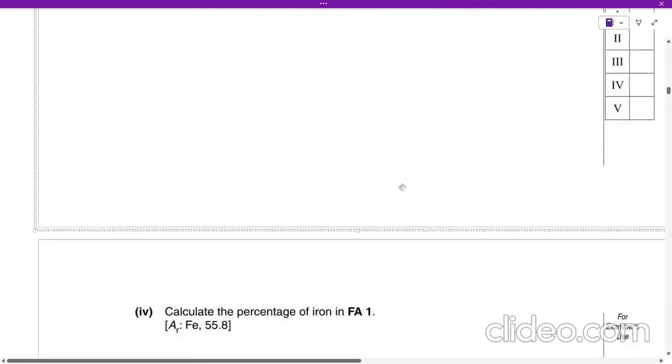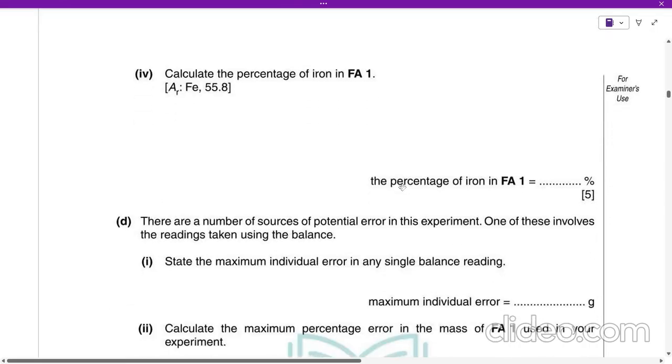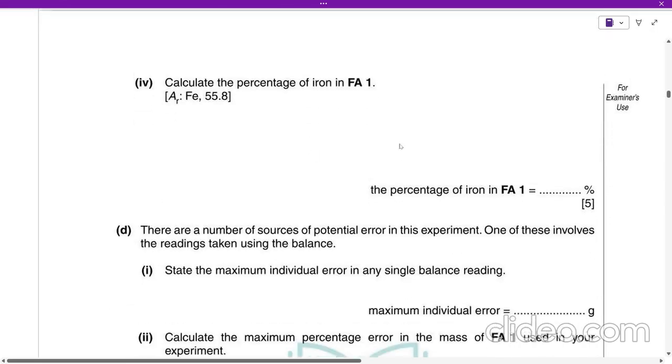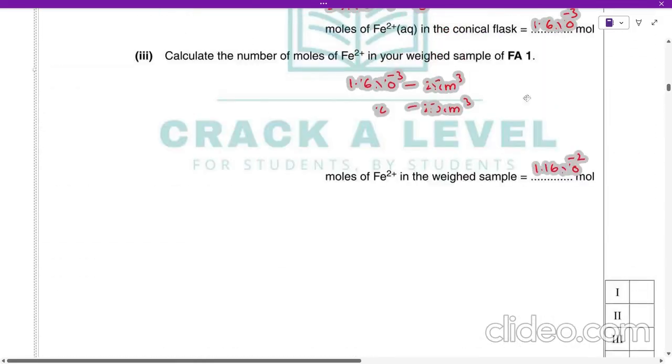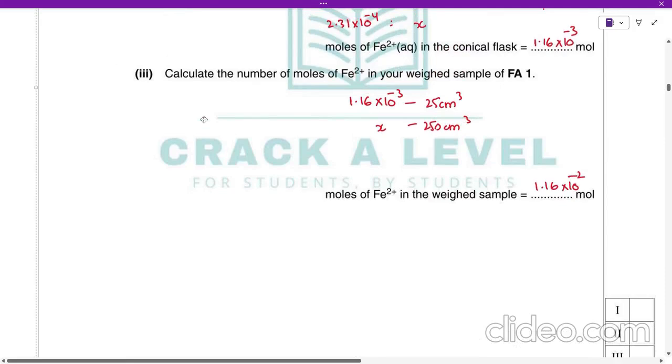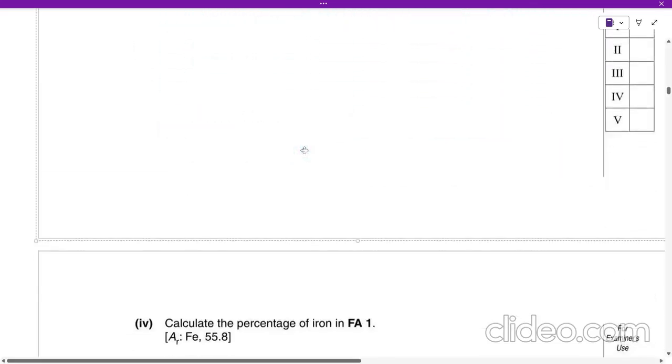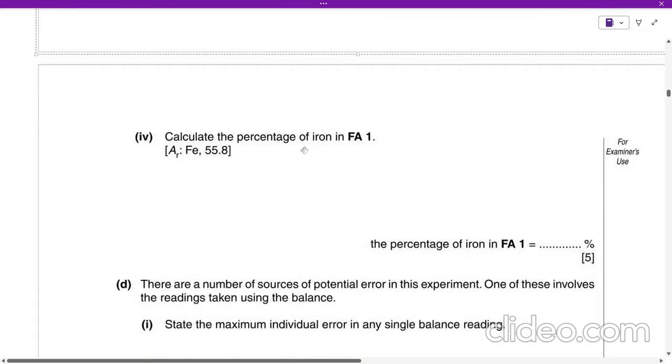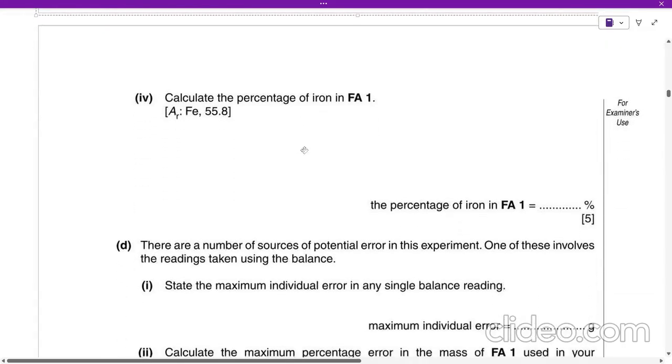Now let's move on. Calculate the percentage of iron in FA1. Now how are we going to be doing this part? So we have calculated the moles of Fe2+ in the weighed sample, and now we are just going to be finding the percentage of iron in FA1.